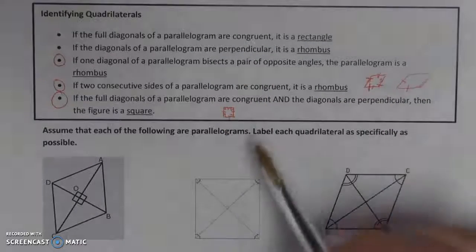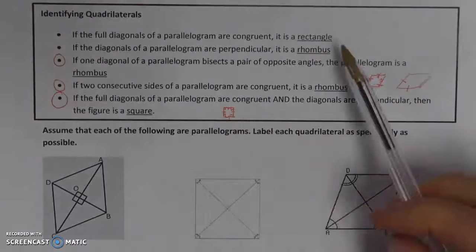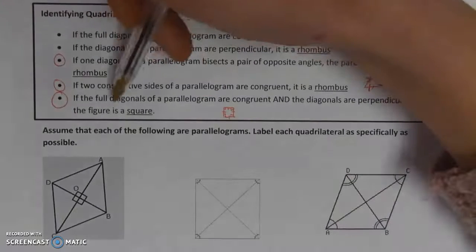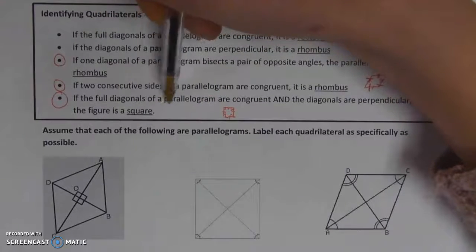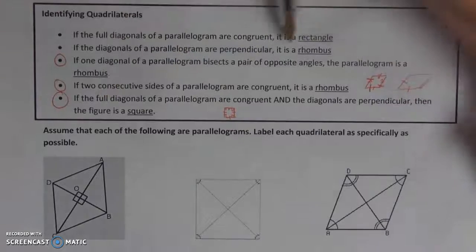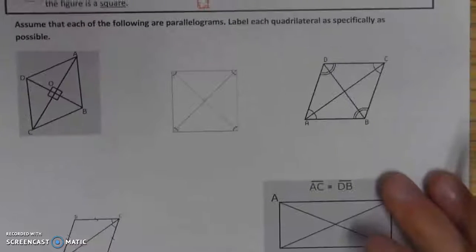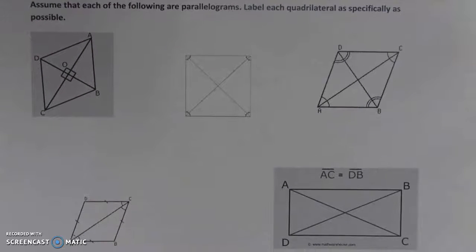It is a parallelogram, so all of the qualities of both a rhombus and a rectangle are present in a square. Therefore, if it seems like it's both a parallelogram and a rectangle, and it's a rhombus, then of course that means it's a square.